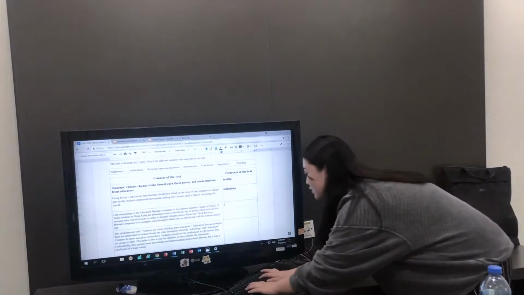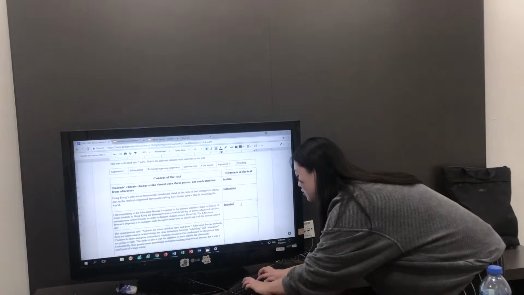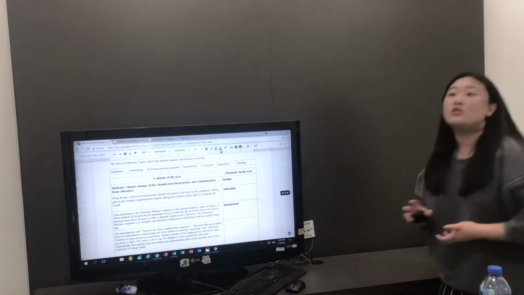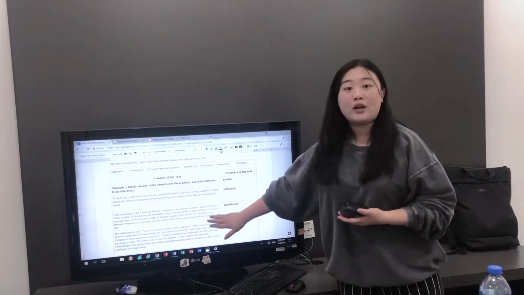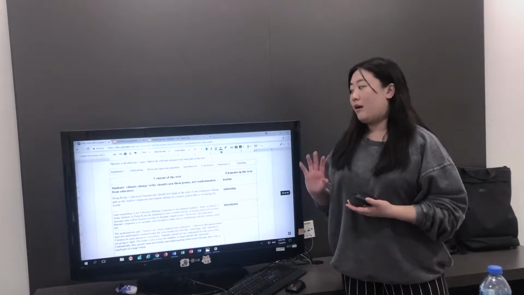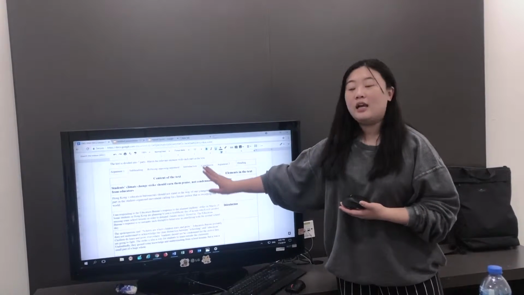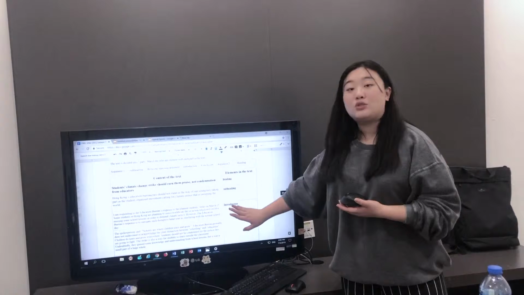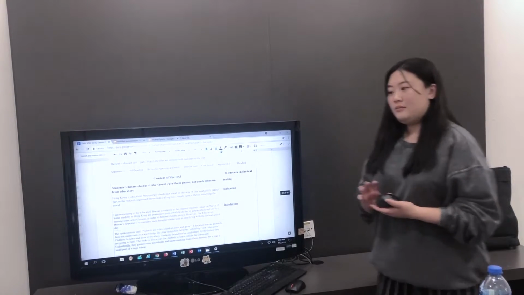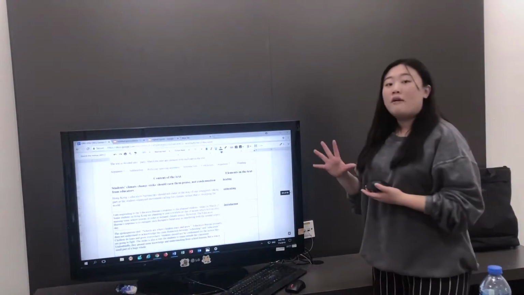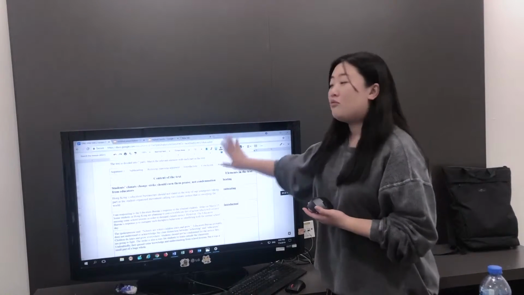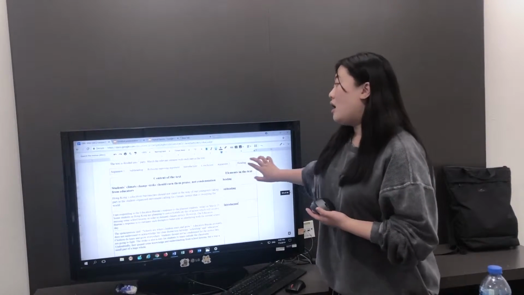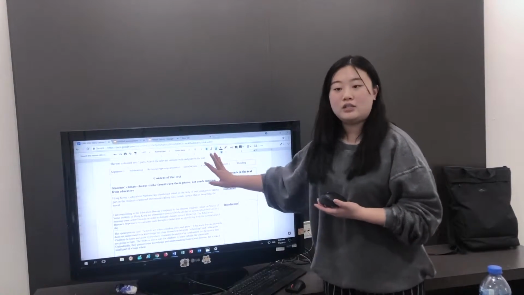So this part is the introduction, right? So we will introduce what we are going to talk about in this paragraph. Okay, so we have the heading, subheading, and the introduction. Okay, so now I'll give you 5 minutes to match the rest of the boxes with the relevant elements. Okay, so off you go.